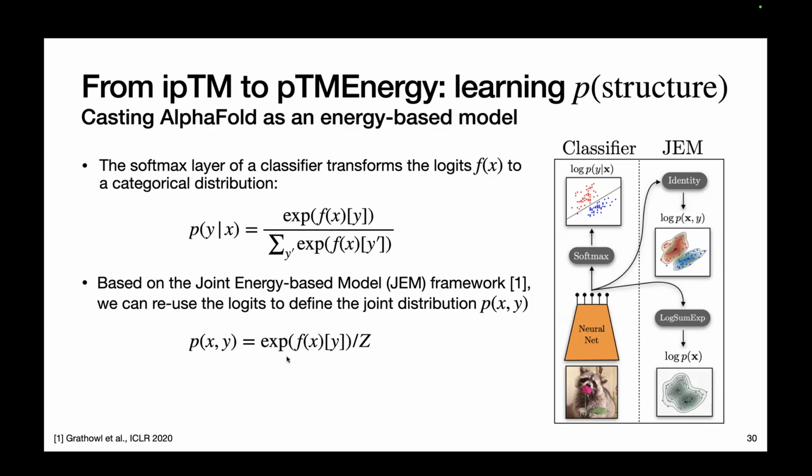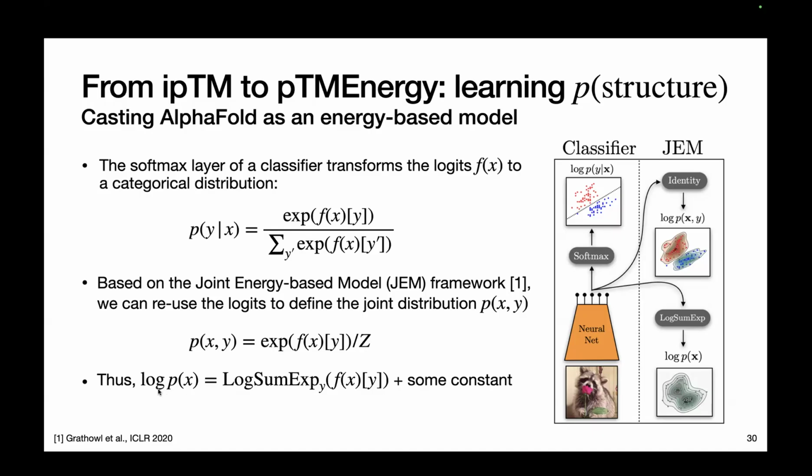If you marginalize the y's out, if you just take the sum over all the y's and take the log of it, then you have log p(x) equals log sum exp of all the logits. You can see this is basically the normalizing constant of this softmax operation, plus some constant related to this Z.